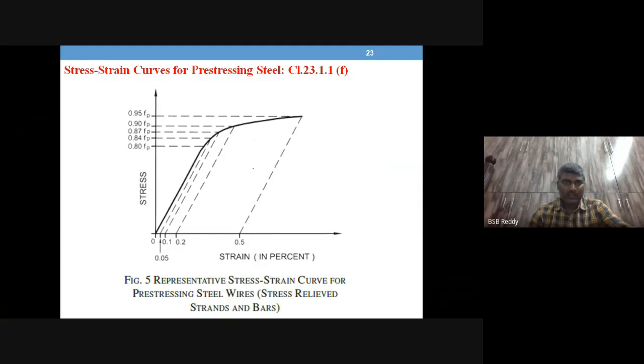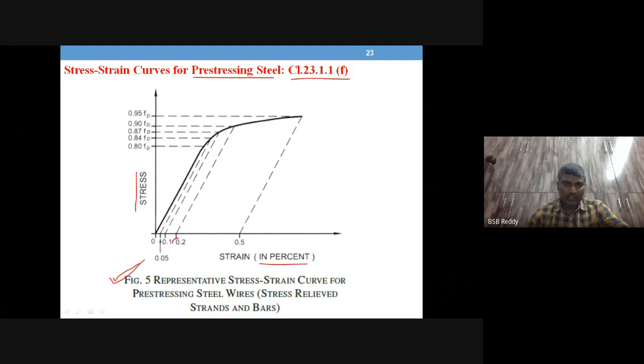Right. This is the stress strain curve given for pre-stressing steel in the IS code, famously known as figure 5, which is in clause 23.1.1. So open your codes, clause 23.1.1 f talks about this stress strain diagram. Now you see on the x-axis, strain is drawn in terms of percentage, and on the y-axis stresses are plotted as a fraction of ultimate stress fp.